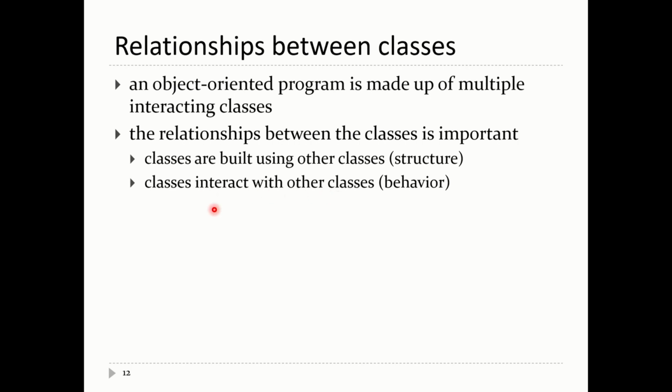And in any non-trivial program, your classes will interact with other classes. And so there's also behavior that you're interested in. We're not so interested in the behavior in this course. That's a subject for a software engineering type course rather than this course. But there are ways to describe the behavior of your software as well. We're mostly concerned with structure.